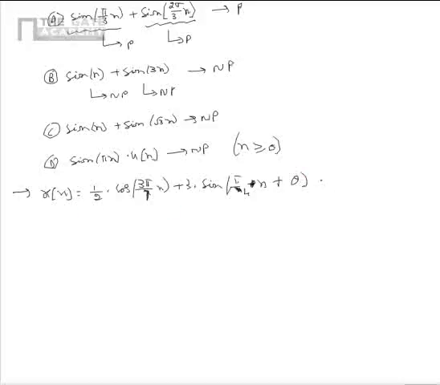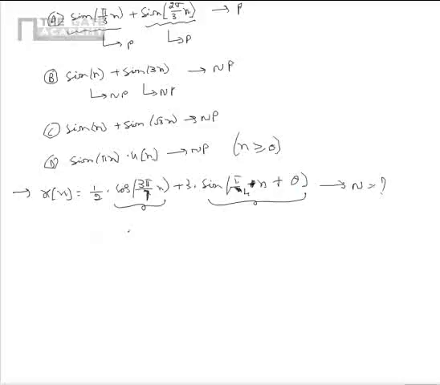Now we have to find the period of the overall signal x of n. For this, we have to find the individual time periods, that is, the period of the signals cos 3 pi by 7 n and sine of pi by 4 n plus theta.